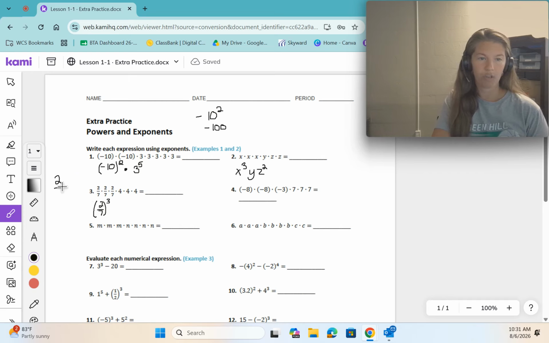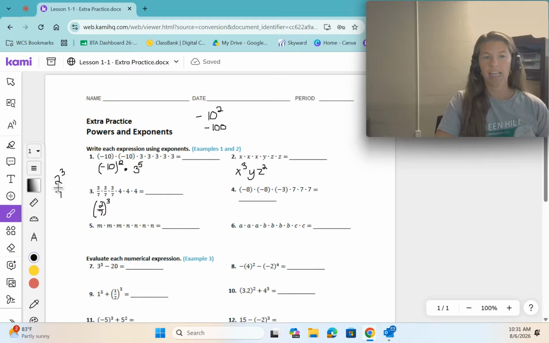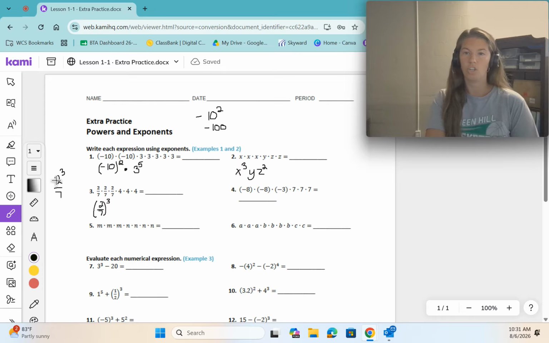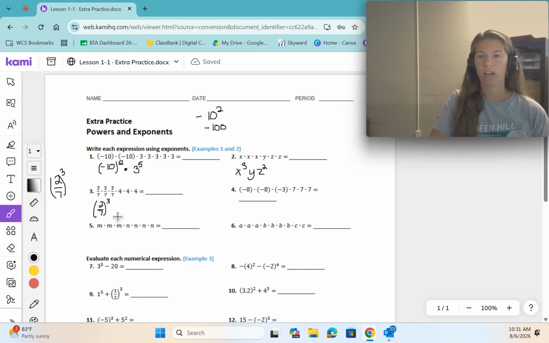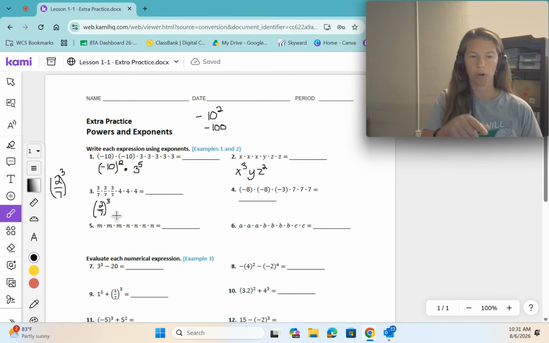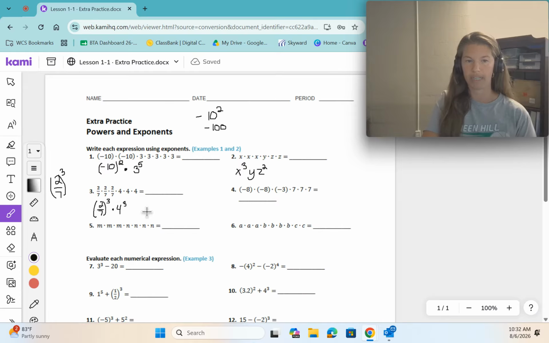If you were to do 2 sevenths cubed, it looks like just the numerator 2 is what's being raised to the 3rd power, when in fact you want the whole fraction, 2 sevenths times 2 sevenths times 2 sevenths. It's really important that you use those parentheses around your fractional bases. And then times 4 to the 3rd power, because 4 times itself 3 times.